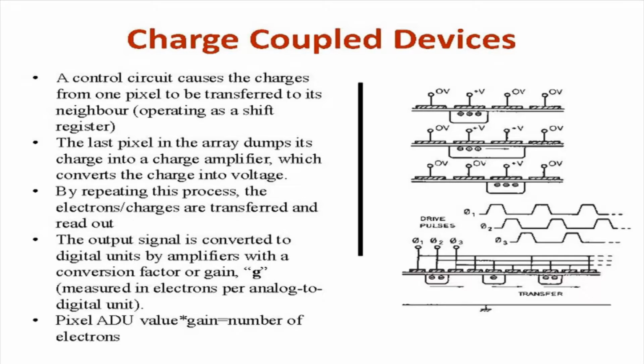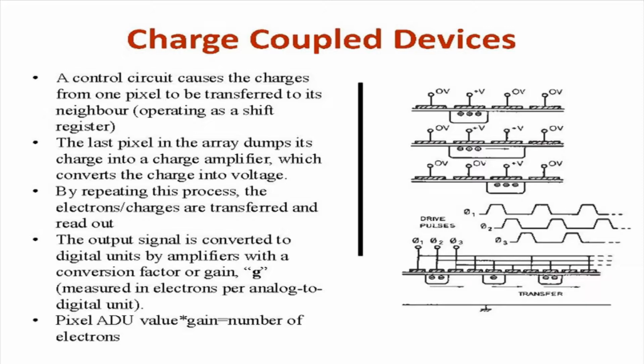So what is done is that you have a circuit which essentially allows reading out the electrons. When you have this potential well created, the region of the pixel which has the most positive voltage is where the electrons are stored, then you have to read off.